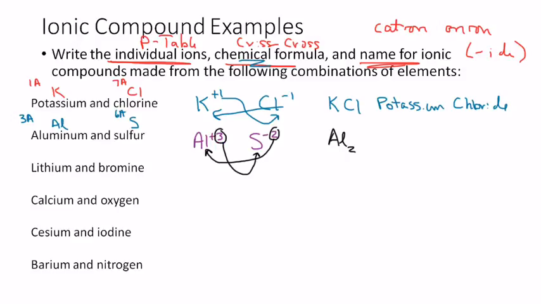You don't have to crisscross like this, but it usually works pretty good. So that's 3. All right, the last thing we need to do is name that puppy. So it's going to be aluminum. We don't have to do anything with the name of the metal. And instead of sulfur, it's sulfide. That's it. Yay!